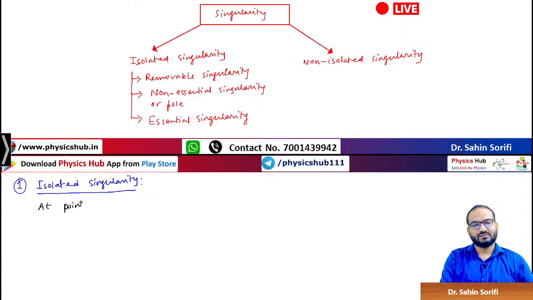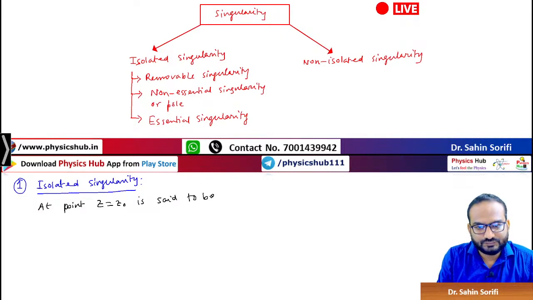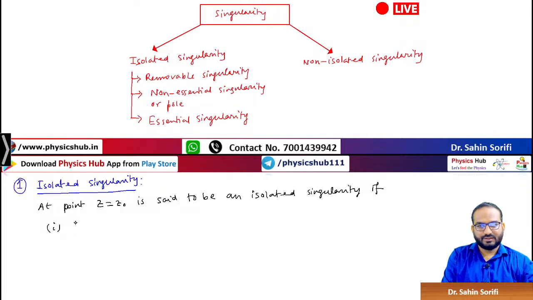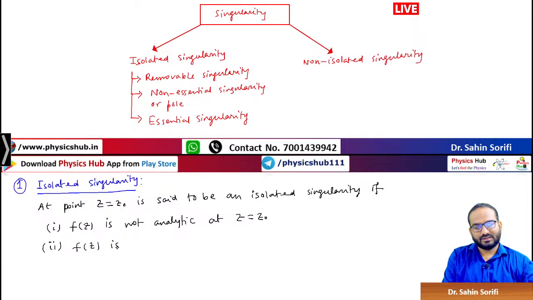A point z equals z0 is said to be an isolated singularity if the first criterion is clear: f of z is not analytic at z equals z0, and the second criterion is f of z is analytic in the neighborhood of z equals z0, meaning z equals z0 is the only singular point.